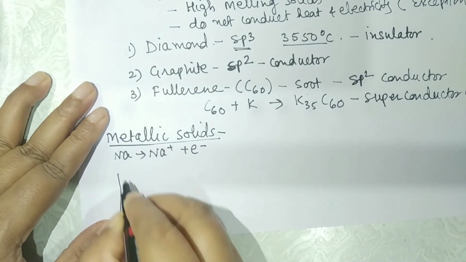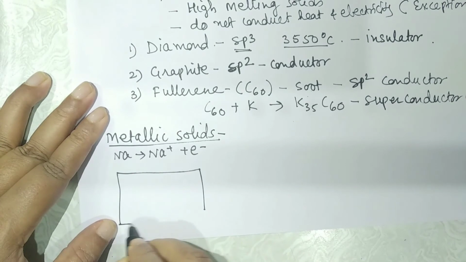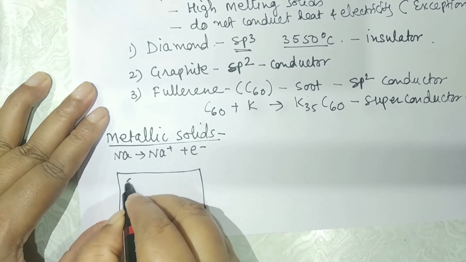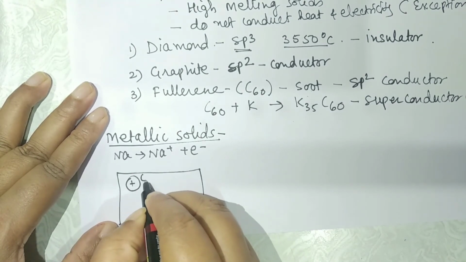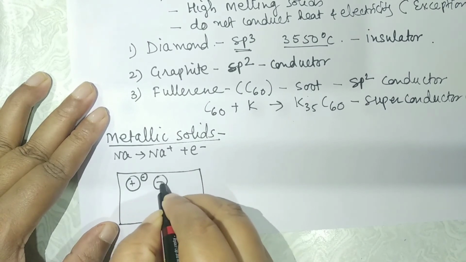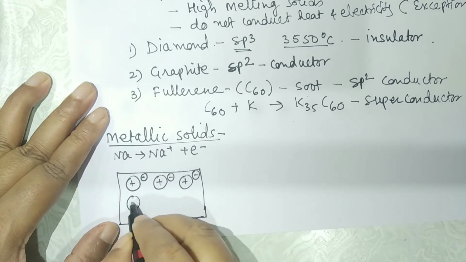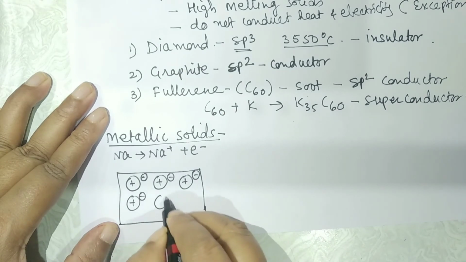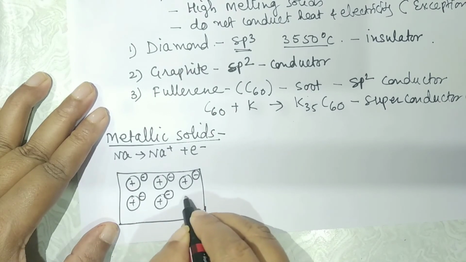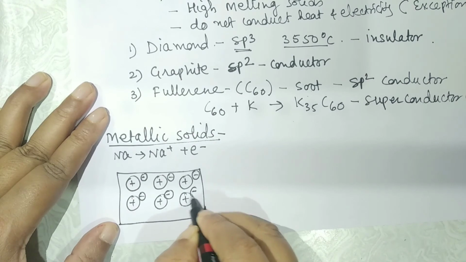If I see the crystal of sodium, then how I will see this is every sodium ion is surrounded by its delocalized electrons. So this is the structure of this sodium crystal. Now when I am drawing the negative charge, by that I mean it's an electron.